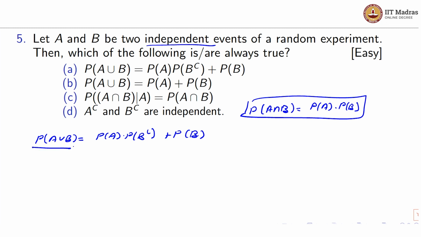For proving this, P of A union B I can write as P of A plus P of B minus P of A intersection B by the addition rule. This is my addition rule.